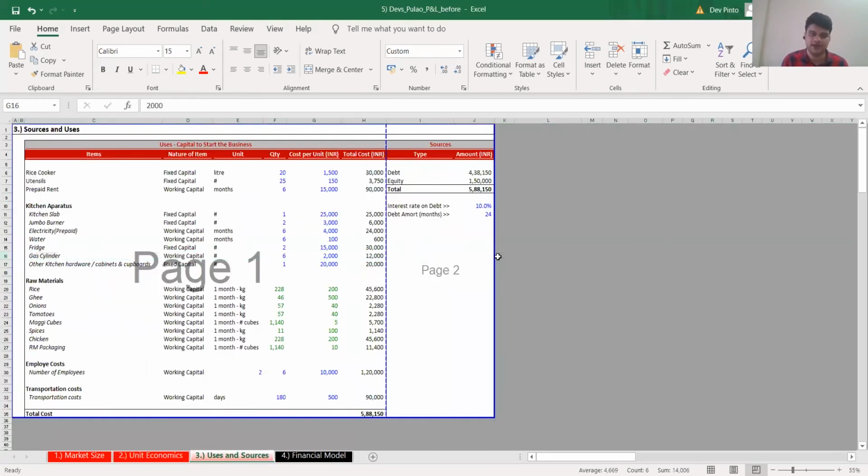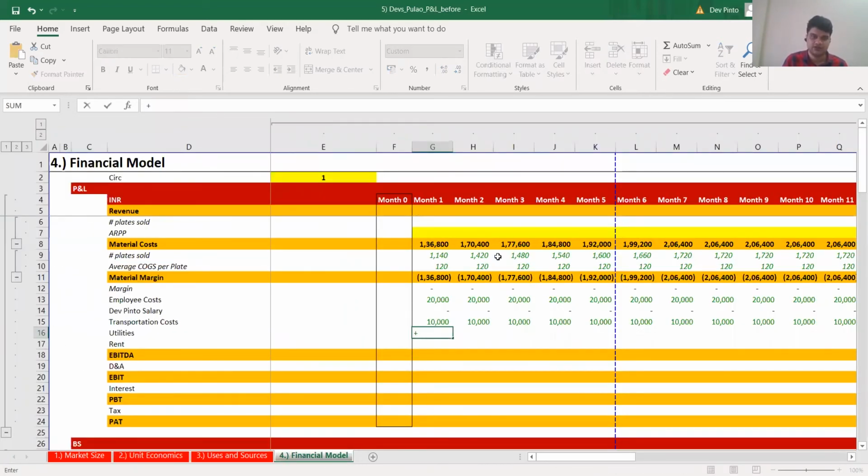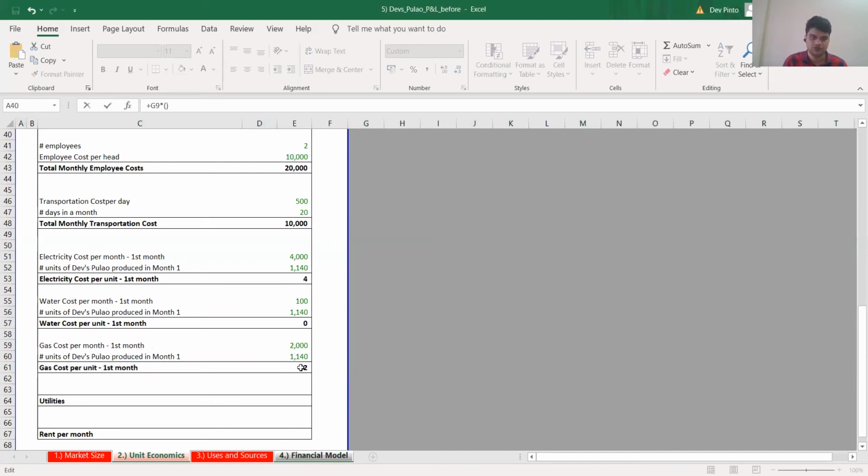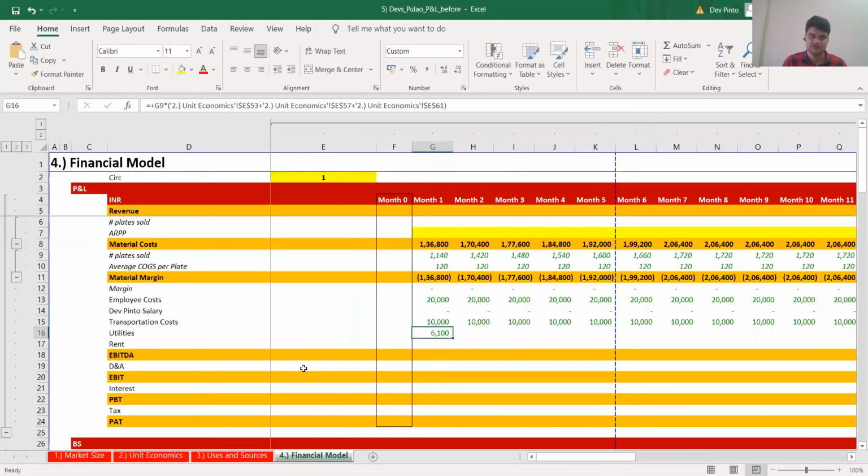So let's now go back to the model. Utilities cost will be nothing but number of plates sold into this, lock the cell, plus this, lock the cell, plus this. Yep.